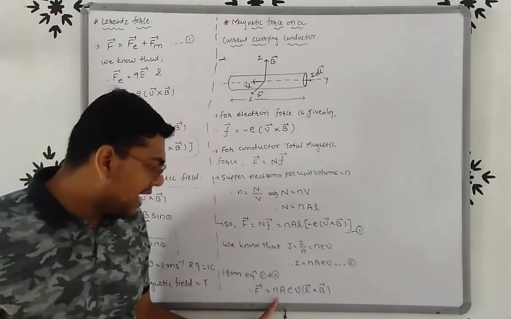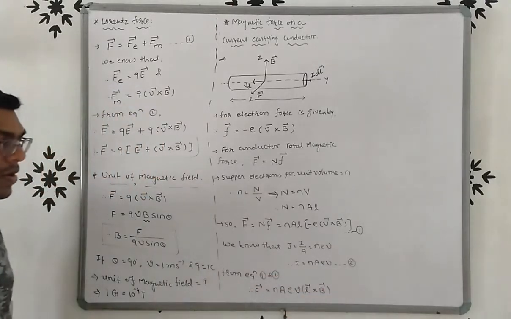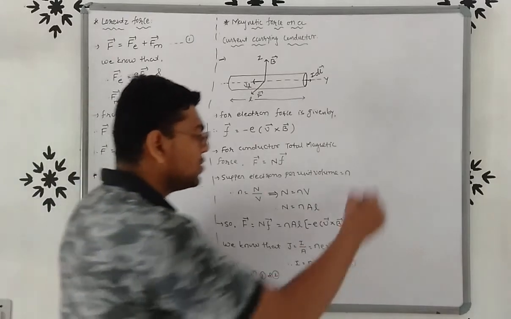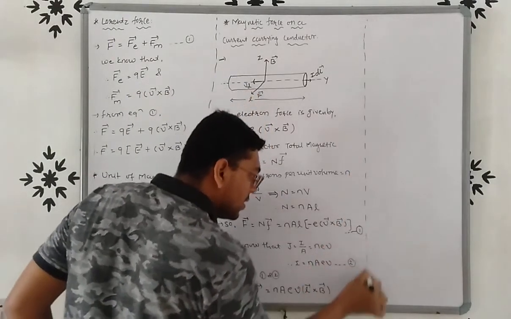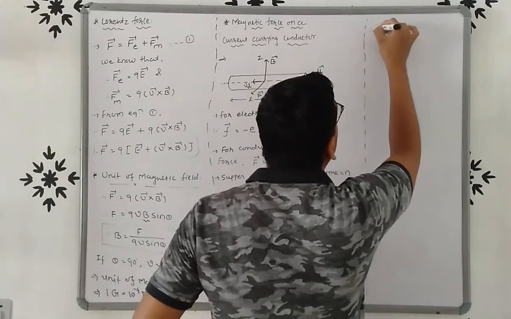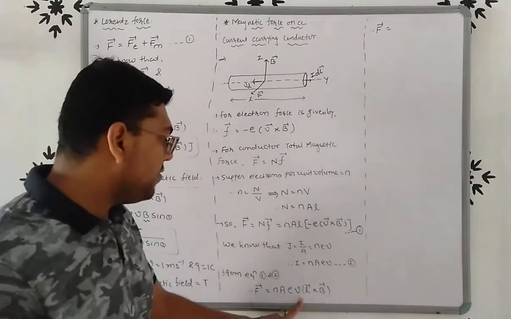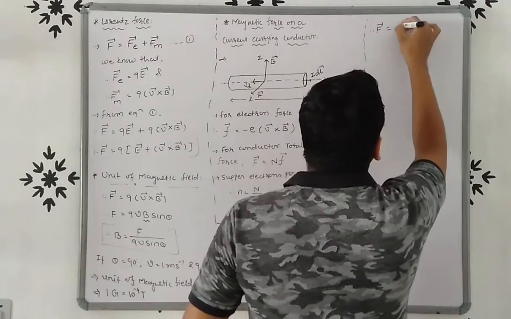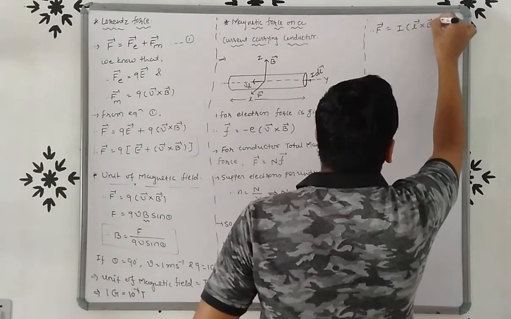Now we know that n A e v is I, right? So we can write that this vector F is equal to n A e v, that is I, into L cross B, right?